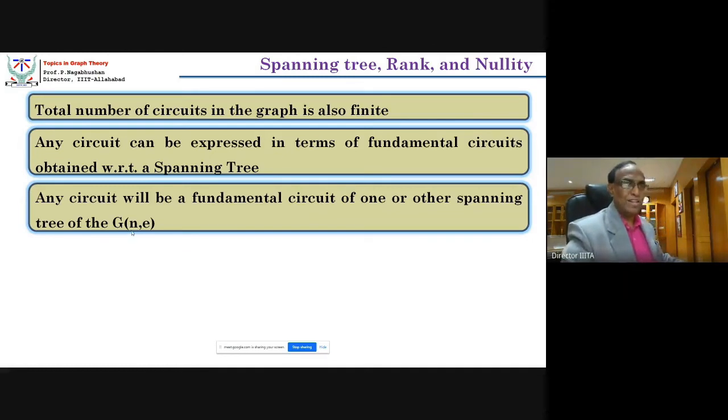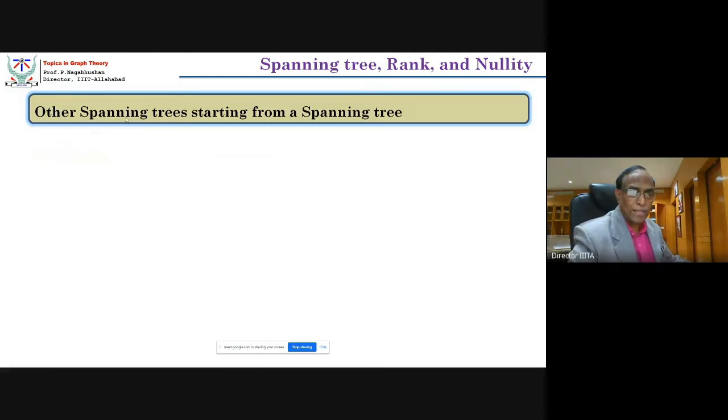This is beautiful. So you take up any circuit, and if you want to make it a fundamental circuit, you can always choose one spanning tree such that it becomes a fundamental circuit. This is a very beautiful concept. All right. Other spanning trees, let us see how to obtain other spanning trees starting from one spanning tree.